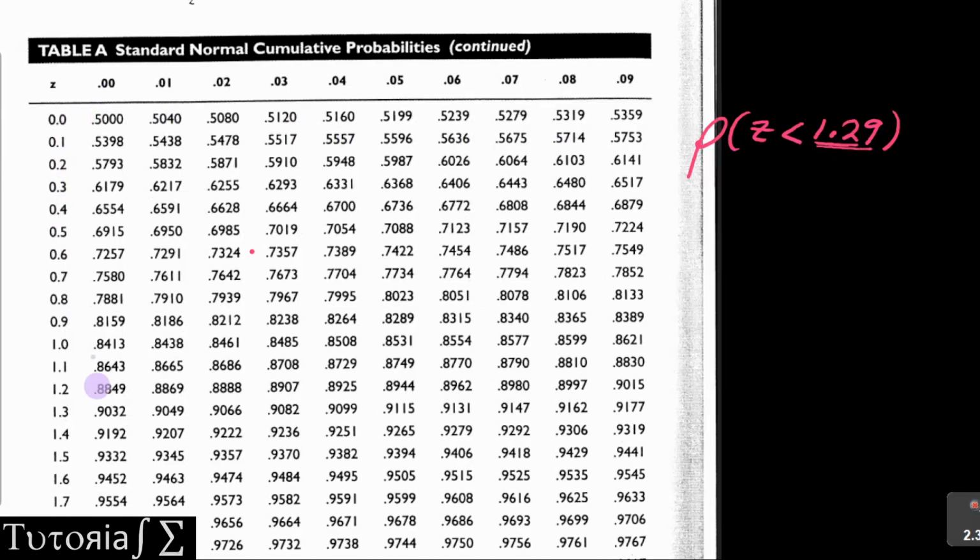So that is 1.2 is here, then under 9. So we scroll all the way to under 9. So that is the number that we're looking for, which is 0.9015. Okay, so that is where we're getting that. So yeah, so that is how you're supposed to work out this problem.